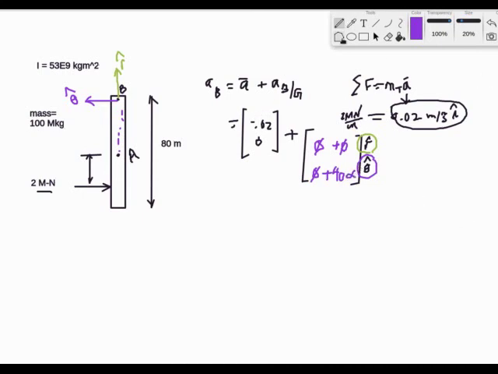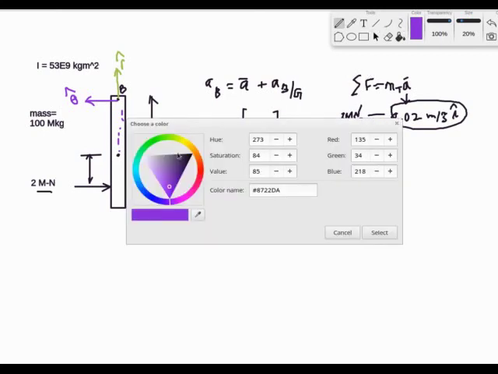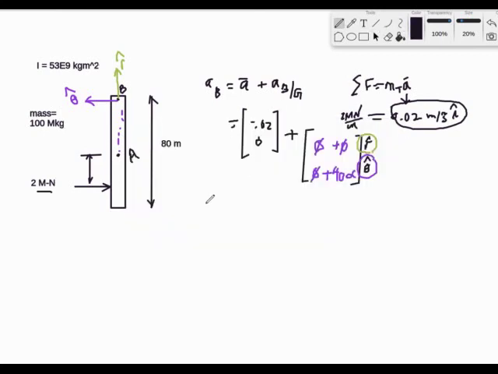Okay, so the acceleration of point B is negative 0.02 in the i-hat direction plus 40 alpha in the theta-hat direction.